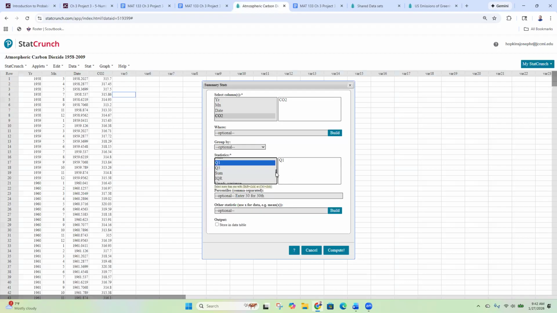Standard deviation, nope. The 5-number summary is the minimum, and I'm going to hold my control button down, the maximum, quartile 1, quartile 3, and then I'm going to let go of control and scroll up to the median.